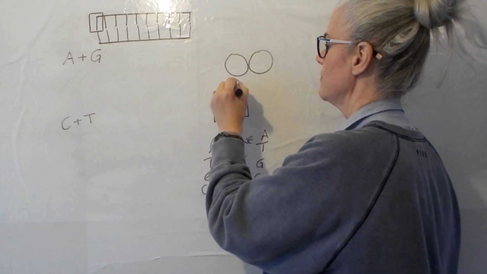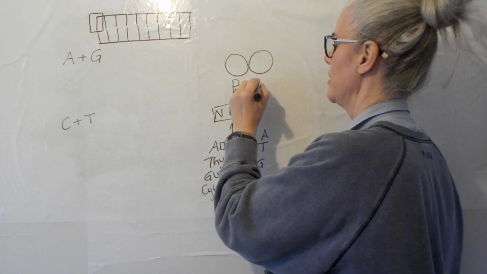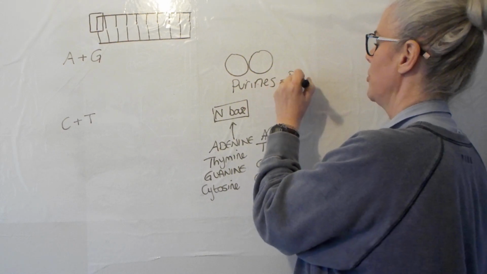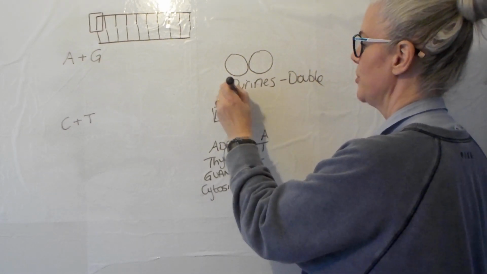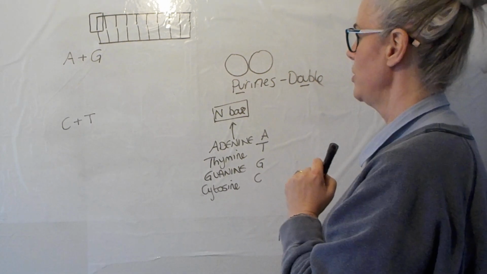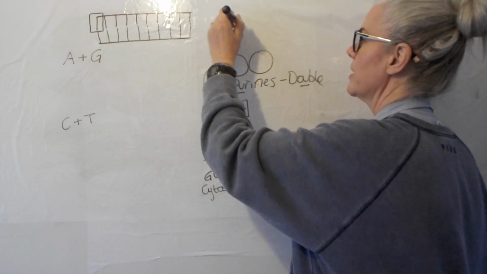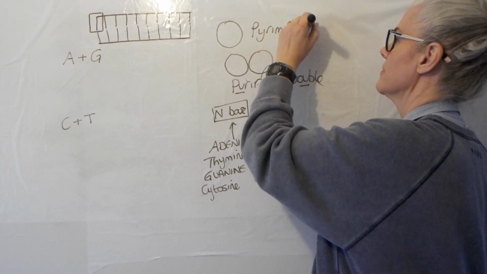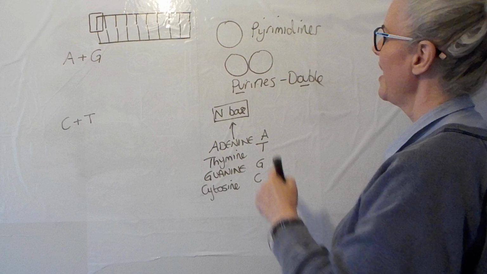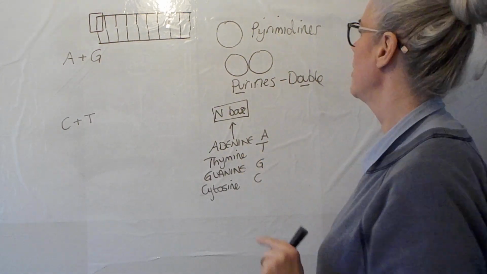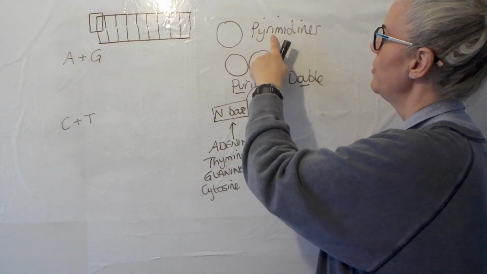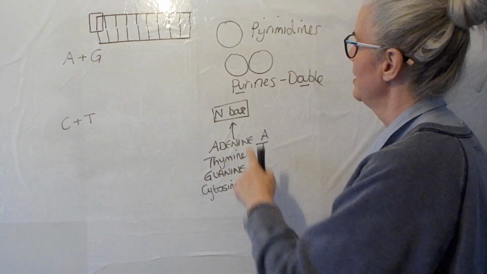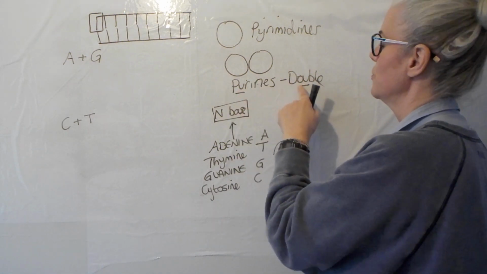Double ring structures are called purines. Can't spell. So purines are double. The way to remember that is that purine and double both have a U in. The single ring structures are called pyrimidines. Now the way I remember that, and I do know the difference between a 1 and an I, is that pyrimidine has an I in it which looks like a 1, so it's a single structure. The purines has a U in it, and so does double.